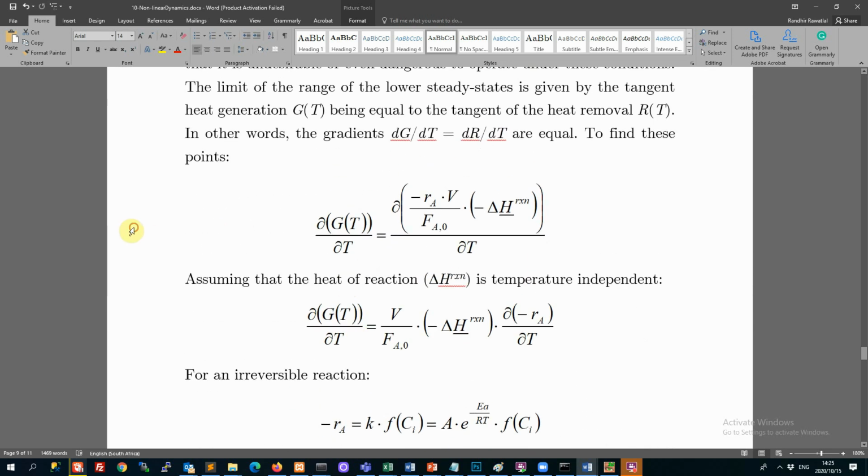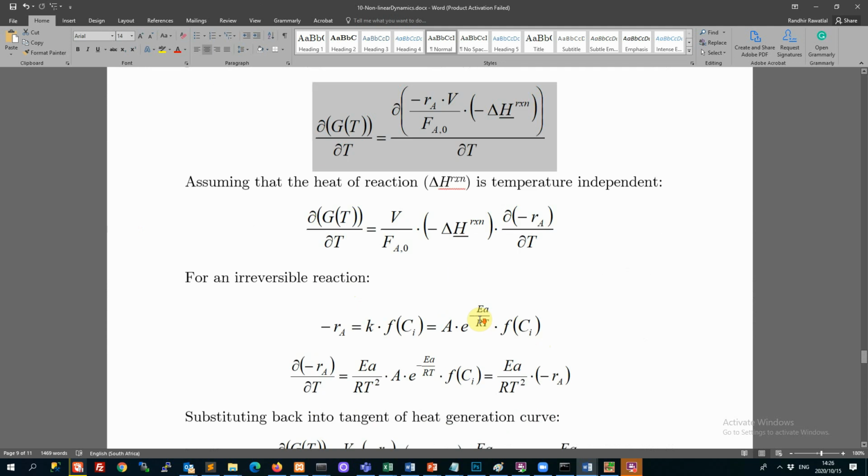First we can estimate the gradient, just by differentiating G of T with respect to T. Of course, R_a is the one that's going to have the temperature dependence. If we assume the heat of reaction is only weakly temperature dependent, we regard that as a constant, and so it's just dR/dT.